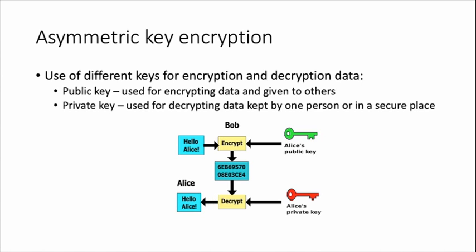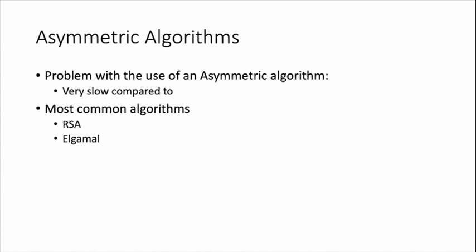Alice decrypts the message using the private key. This solves the first problem we have with a symmetric key, that even if the attacker knew the public key, they could not decrypt the message. So what is the main problem with a public key? It is very slow compared to the symmetric algorithm.